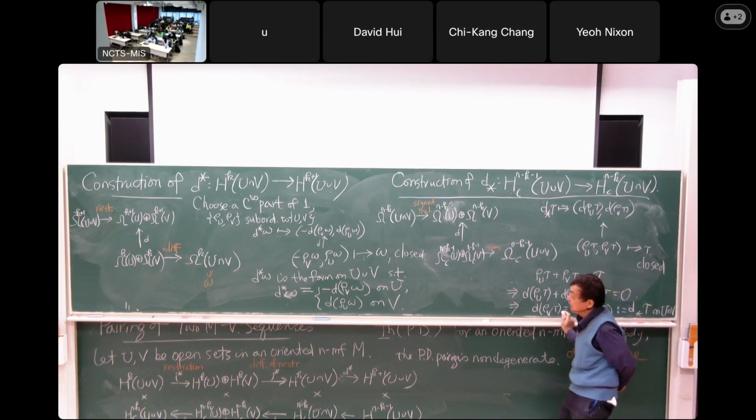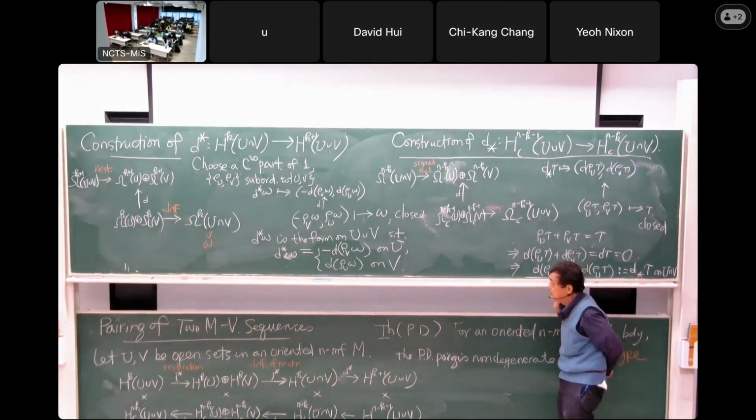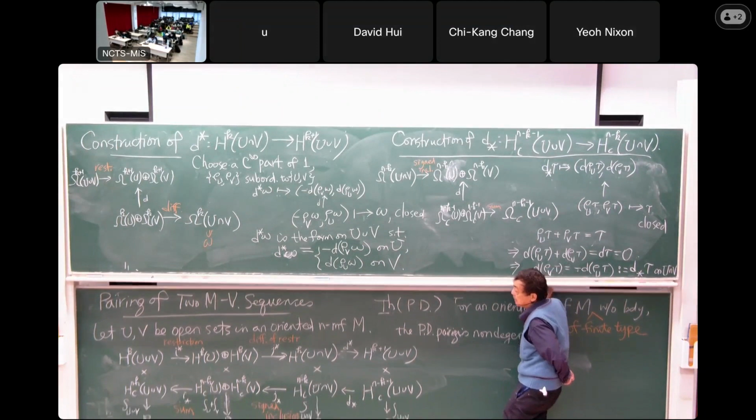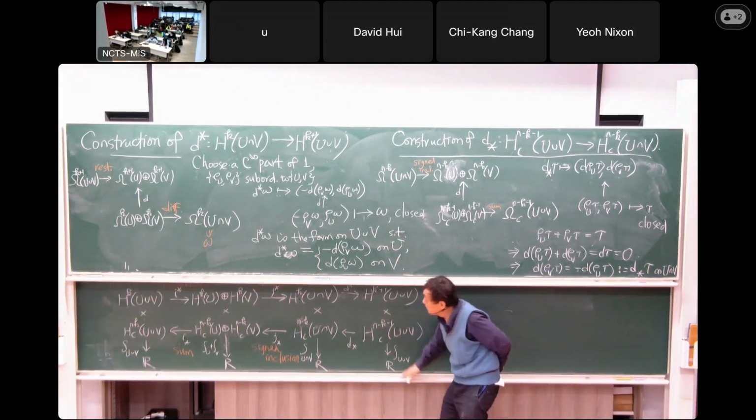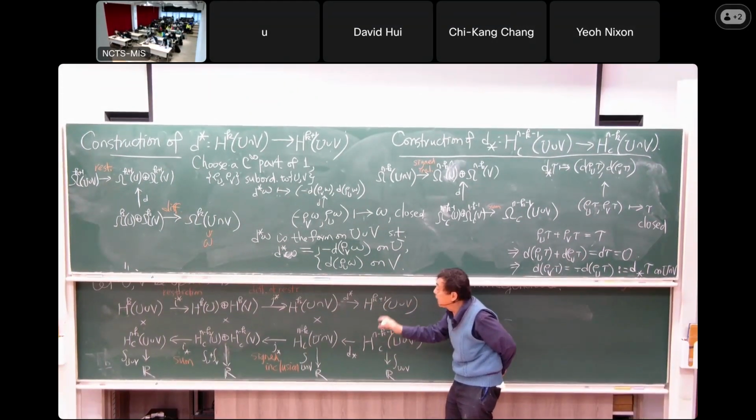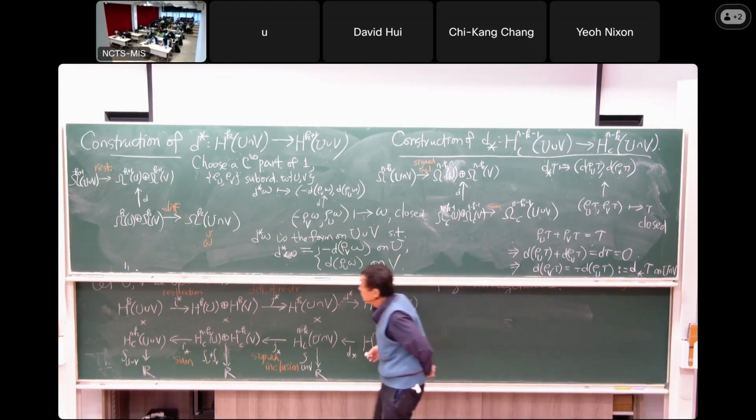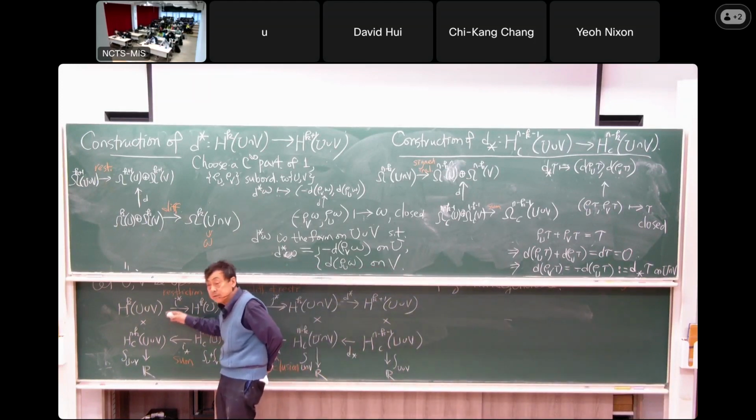All right, so now we understand all the maps in this pairing diagram. And so what we want to show now is, first of all, that this is a commutative diagram, or commutative up to sign.